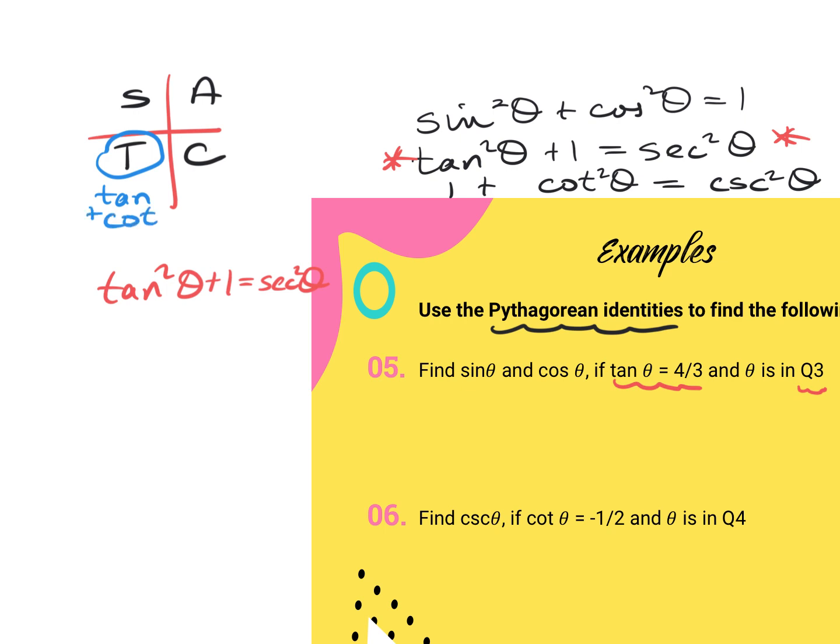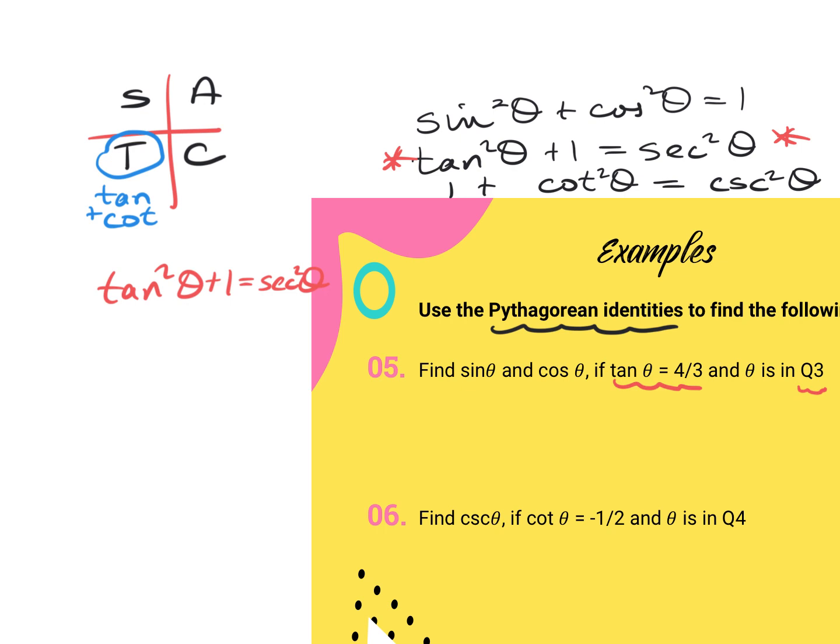The other 4 are going to be negative. Notice the tangent they gave me is positive. However, I'm looking for sine and cosine. So remember, sine and cosine in quadrant 3 are going to be negative. So this is a way that you can confirm that your answers need to be negative once we're done.